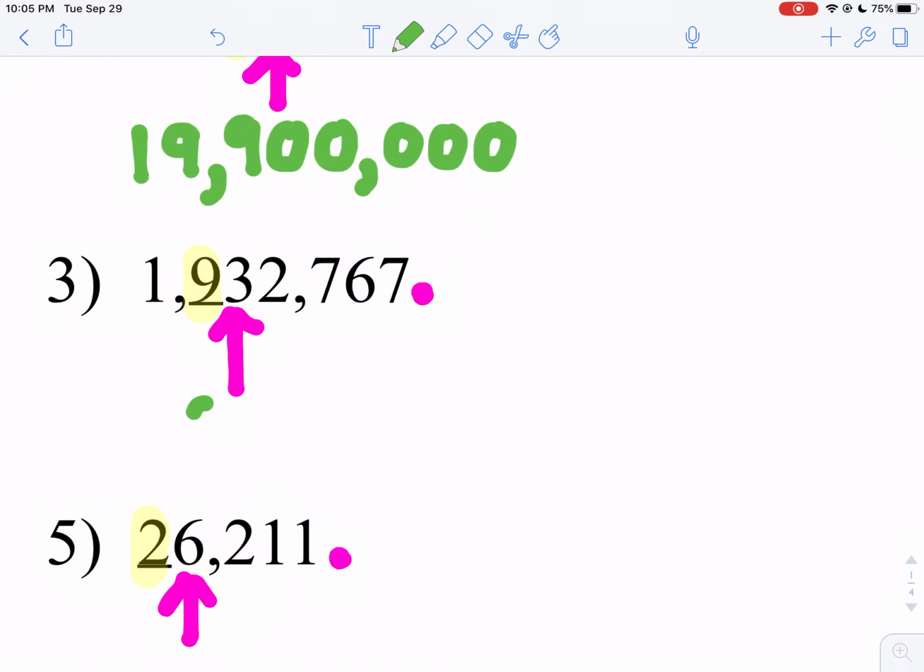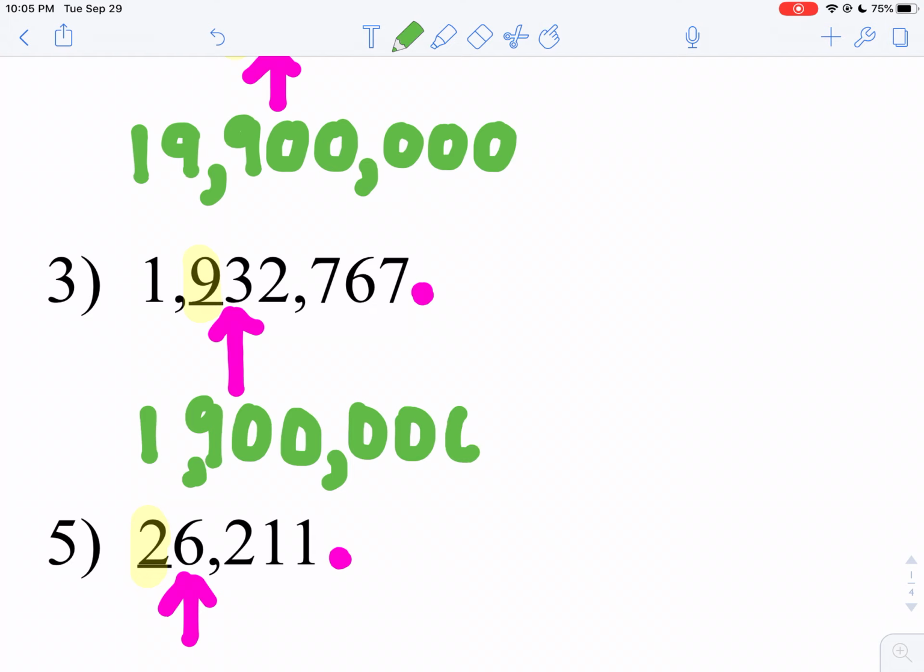So I'm gonna keep the 9, and at this time I'm gonna write the 1 first, okay? So I have a 1 before the 9 and a comma. Then after the 9, I'm going to replace the 3 with a 0, the 2 with a 0, I have a comma, 7 with a 0, 6 with a 0, and 7 with a 0, and I stop where the decimal point is. All right.